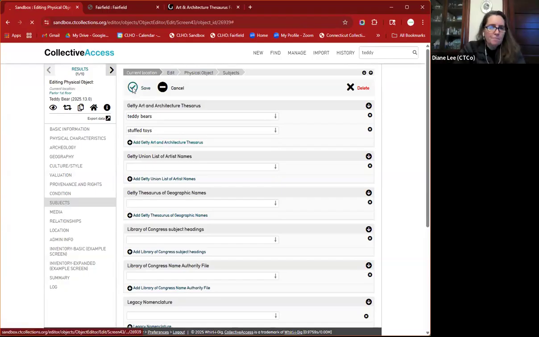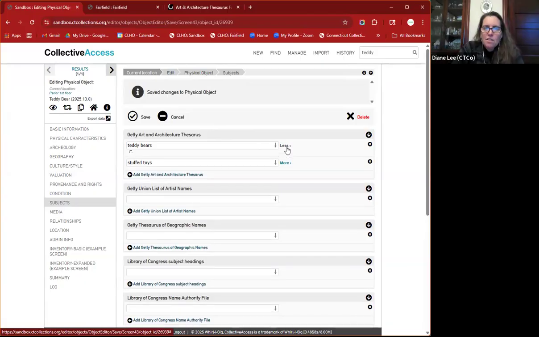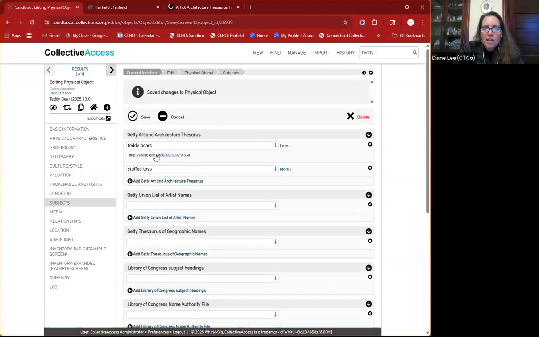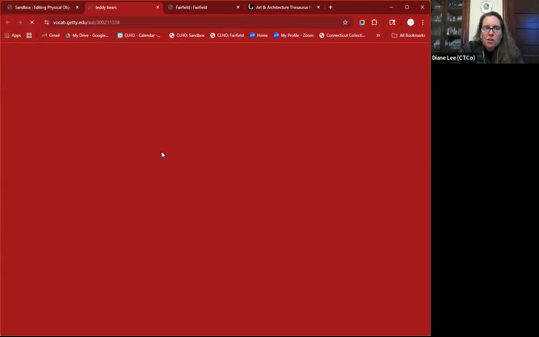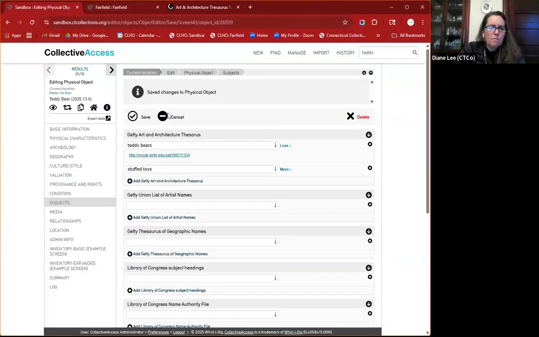When you save it, it'll give you more of an explanation in your system on this. This I think links to the other page, which isn't as user-friendly as the regular page. Oh yeah, it goes to the Getty page here if you needed to go back to it. And it's more technical stuff, which is kind of a pain, but I don't use that one all that much. I use that other page. It's a little more friendly.